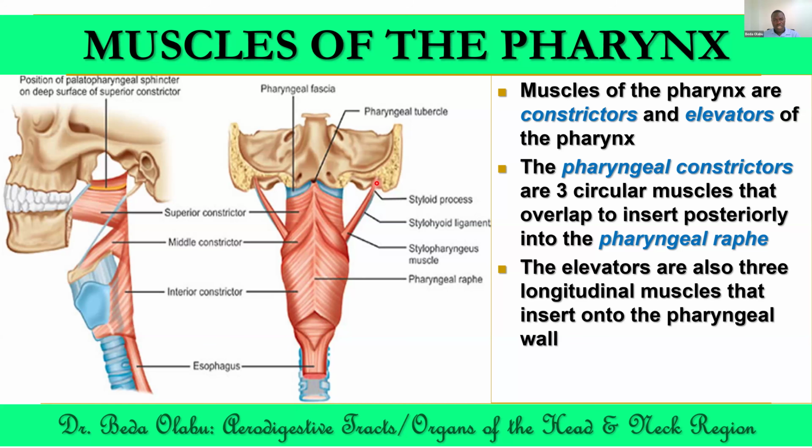So the muscle with it is known as the stylopharyngeus muscle. We had also mentioned the palatopharyngeus muscle, and the salpingopharyngeus muscle. So those three, again, are the longitudinal muscles of the pharynx.